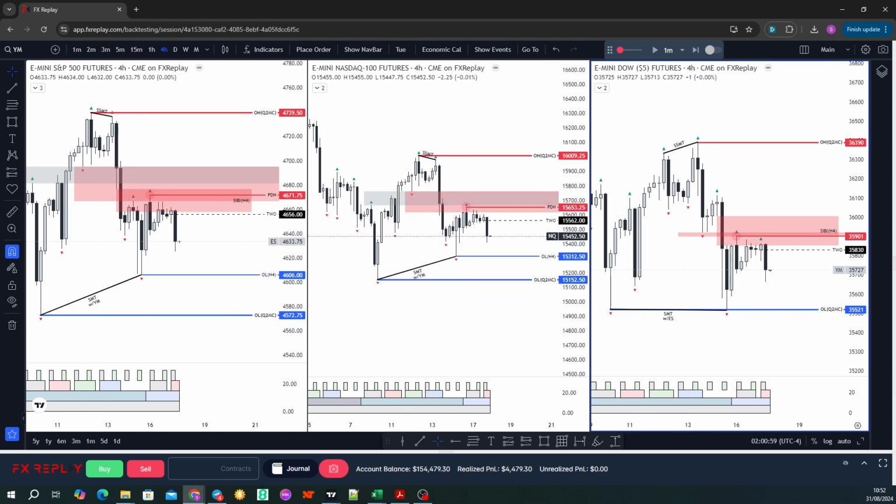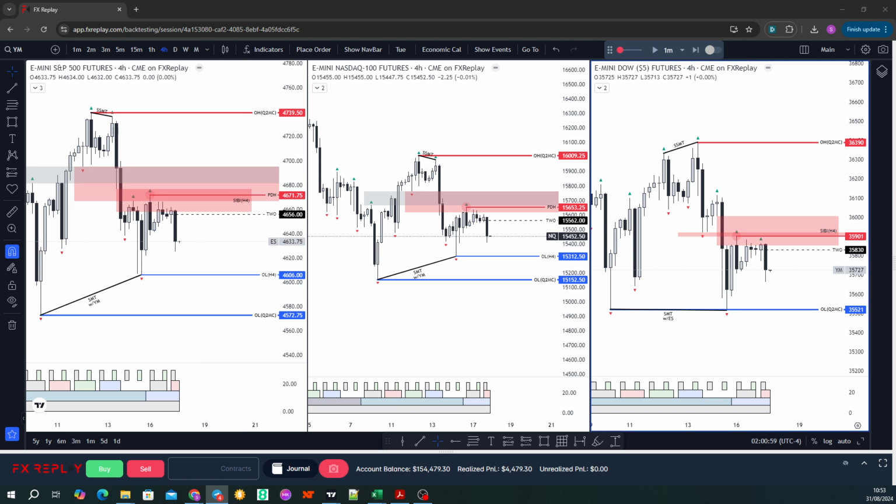Right, okay. So this is currently to the downside following the high time frame displacement, which was initiated by the high time frame SMT at the highs.